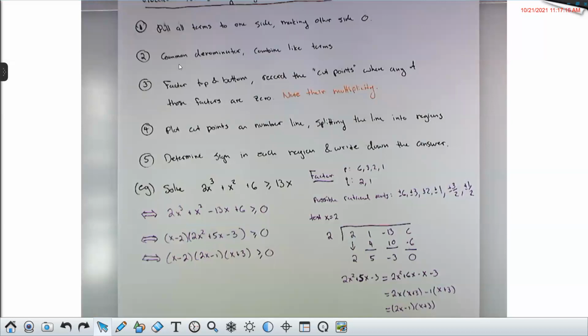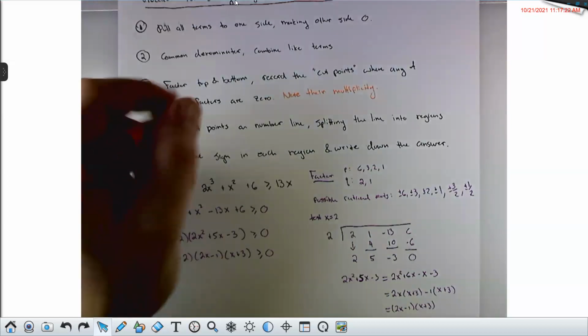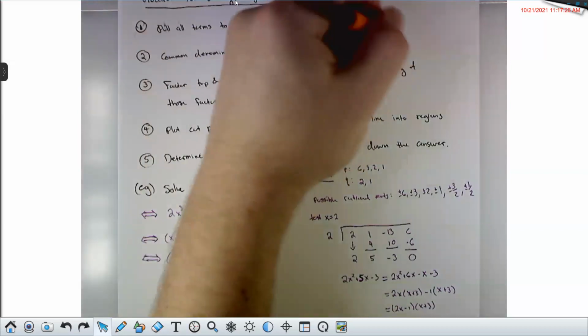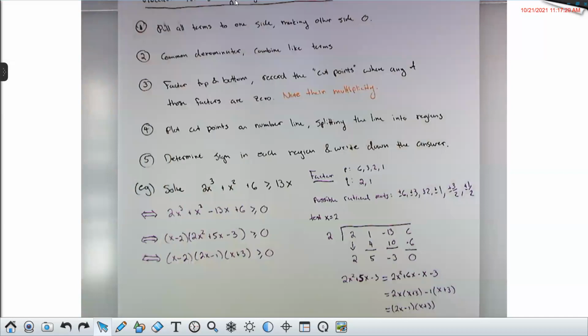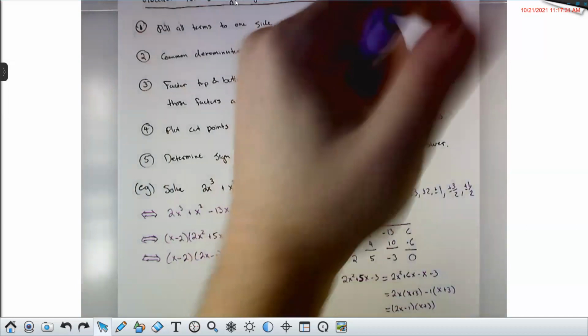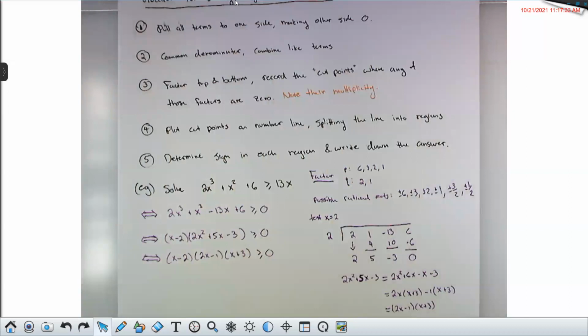The roots that we're interested in for the purposes of solving the inequalities, the factors of 0, should be real numbers.